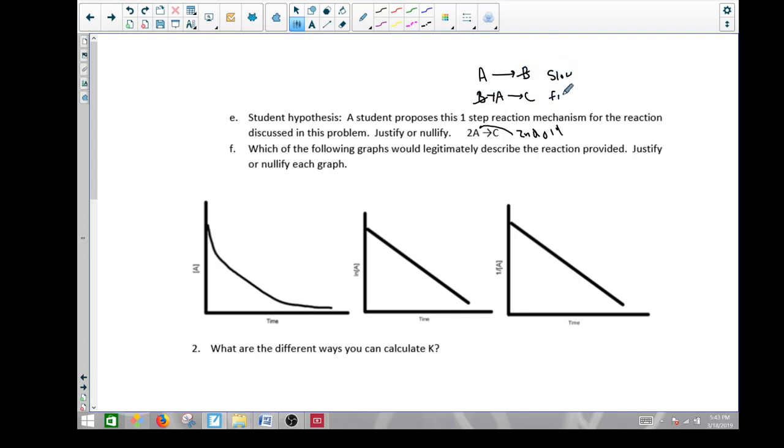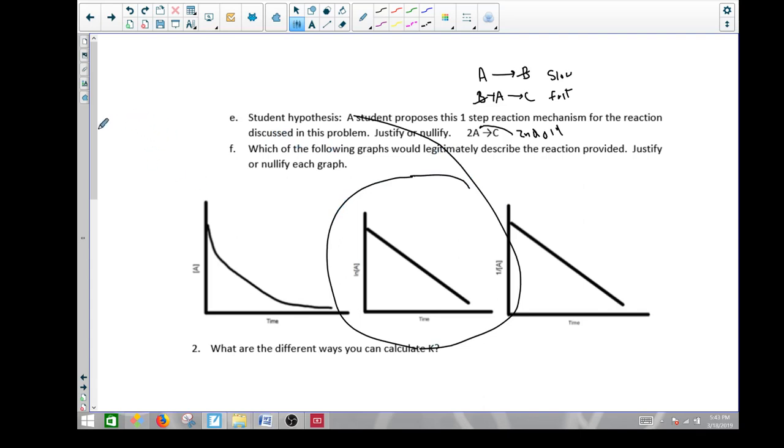This would be the fast step, and away we go. Which of the following graphs would legitimately describe the reaction provided? Justify or nullify each graph. Okay, so it is first order, so we should be aware of all of the charts that describe first order. If you understand this question, this is a legitimate question that I've seen in AP exams. If you know natural log versus time represents a first order reaction, then you're done.